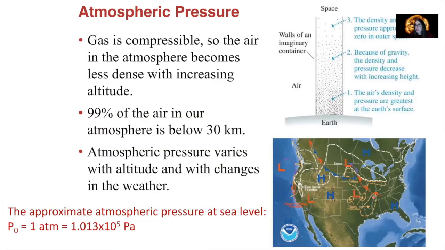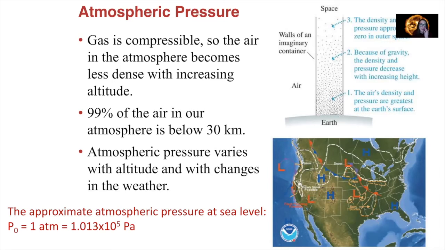Gas is compressible, and our atmosphere is compressible. So the air in the atmosphere becomes less dense with increasing altitude. As you go up above the Earth's surface, the air becomes less dense. 99% of the air in our atmosphere is below 30 kilometers above the Earth's surface.